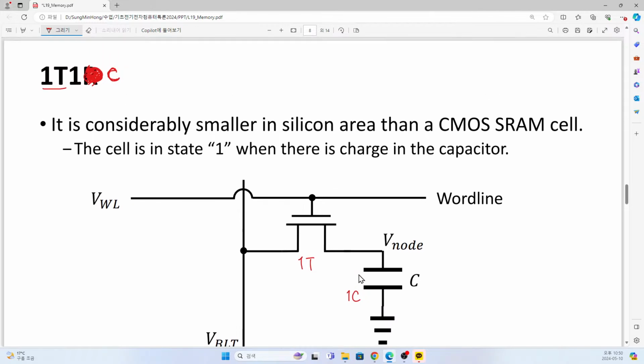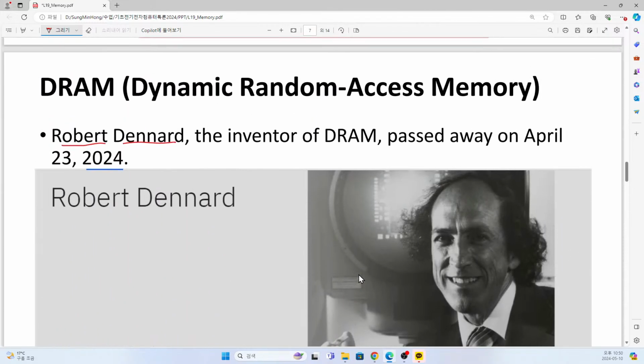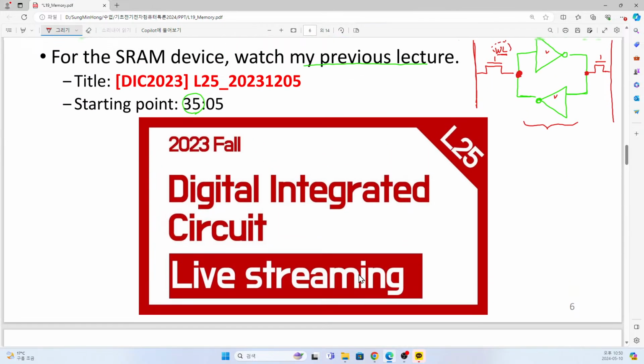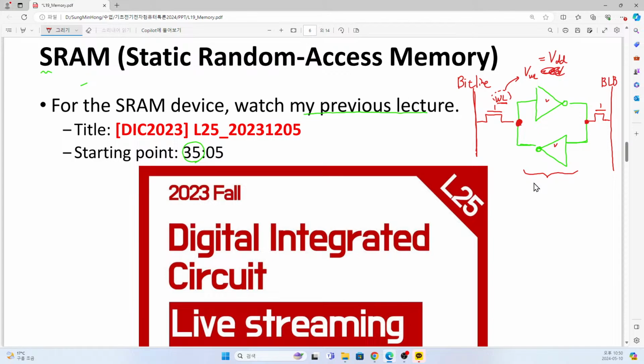That's it. So let's come back to our SRAM case once again. Now you can find that we need two inverters and two access transistors. The two access transistors correspond to this one, and two inverters represent these. And each inverter needs two additional transistors.